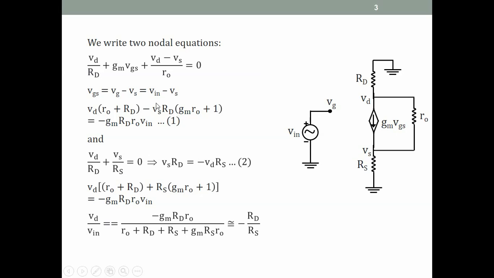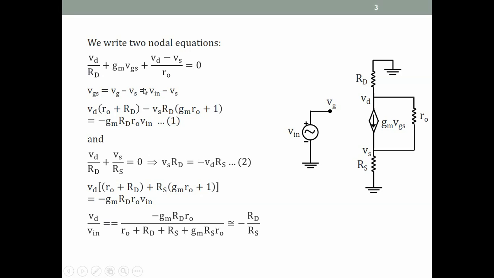That gets rid of the fractions. So you multiply this out by RD RO and combine all the VD terms, combine all the VS terms. Then we'll get this equation: VD into (RO plus RD) minus VS RD (gm RO plus 1) equal to minus gm RD RO Vin. Vin being a known quantity, I have taken it on the right hand side.